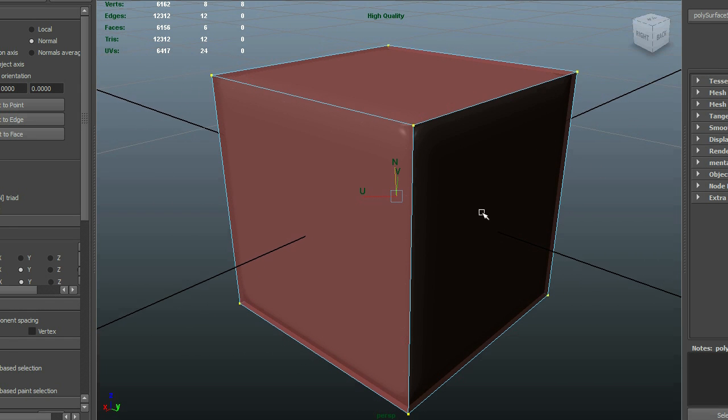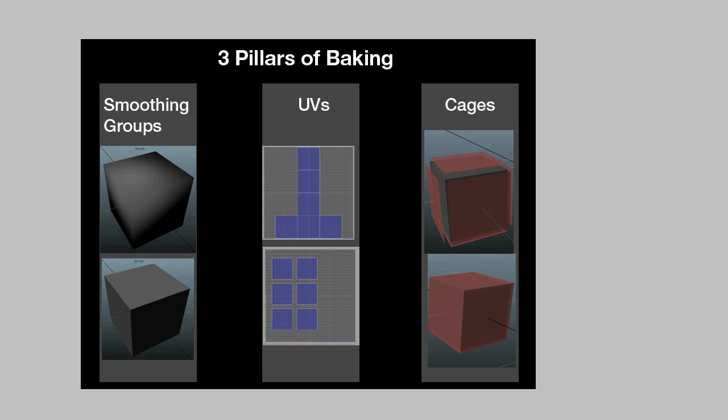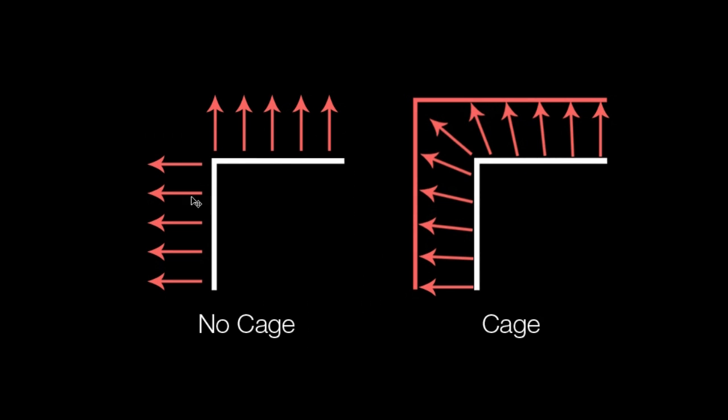So the way cages work is they change the way that XNormal shoots rays out of the low poly in order to search for the high poly. If you don't have a cage, what'll actually happen is the rays will shoot out completely perpendicular to each of the faces. So imagine we're looking at a cube from the side and we're just looking at one of the corners.